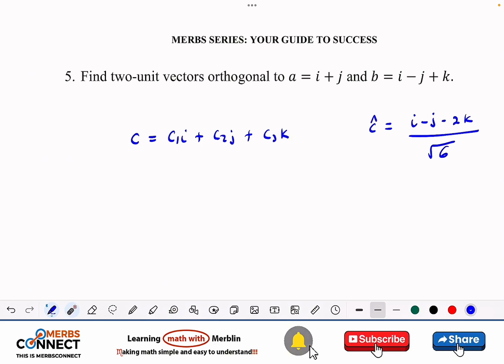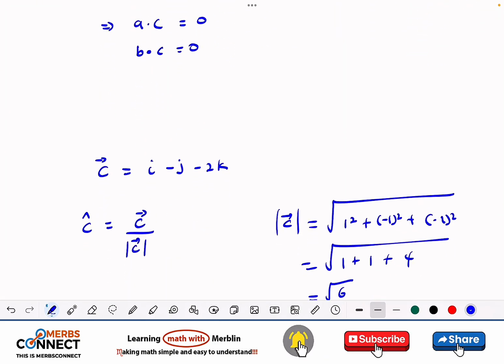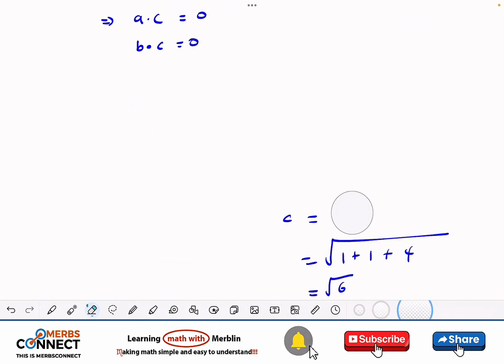And since I know that this vector is orthogonal to A and B, it implies that A dot C should be 0, and B dot C should also be 0. So this will also help us to find the other unit vector, right?